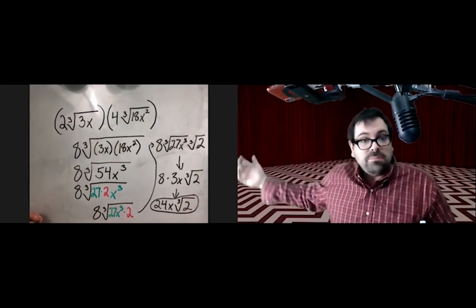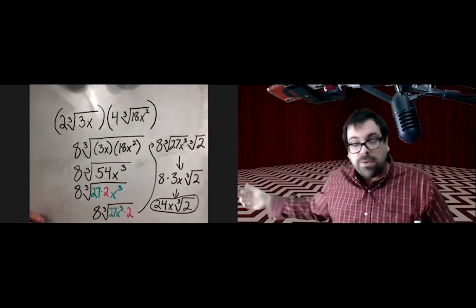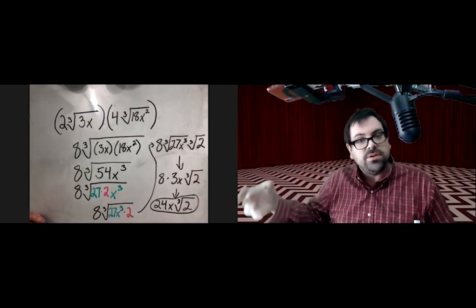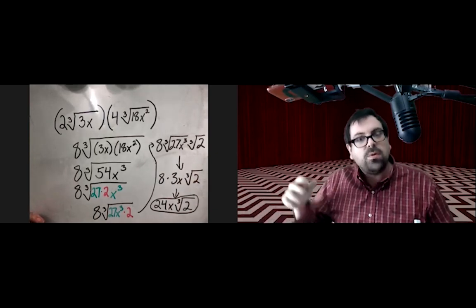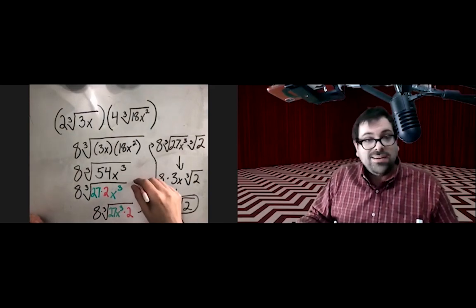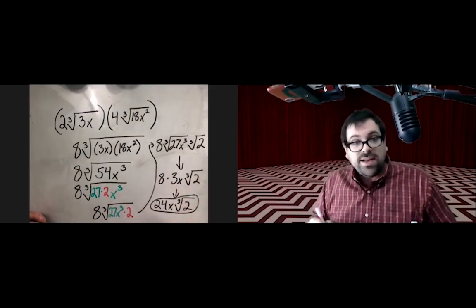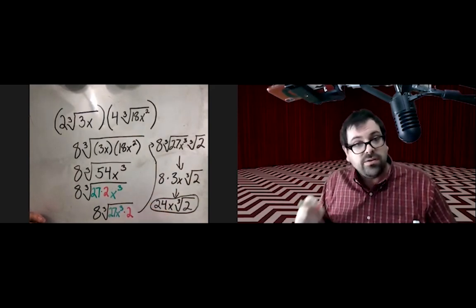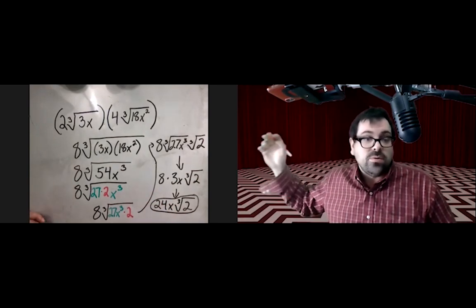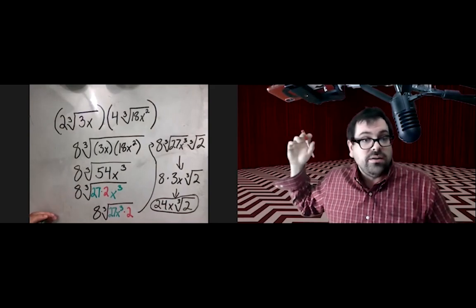If not, that becomes really difficult, because this is the time to learn this. Next lecture is the time to learn something else that requires you to know how to do this. You might only need a C to move on to the next course, but being completely honest with you, you want as close to perfect knowledge of this stuff as possible, or the next class is going to be very, very, very difficult.